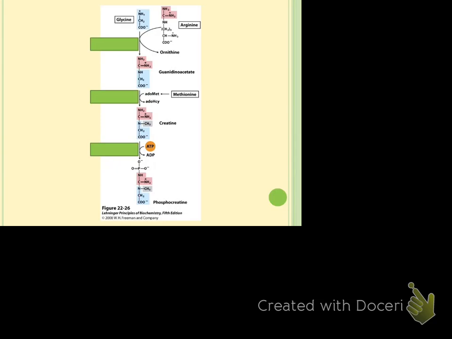Is this like a phosphorylase or a phosphatase? No. Is it like an oxidoreductase? No. It's not an aminotransferase. Oh, but you're really close. It is a transferase. It's an amidinotransferase.